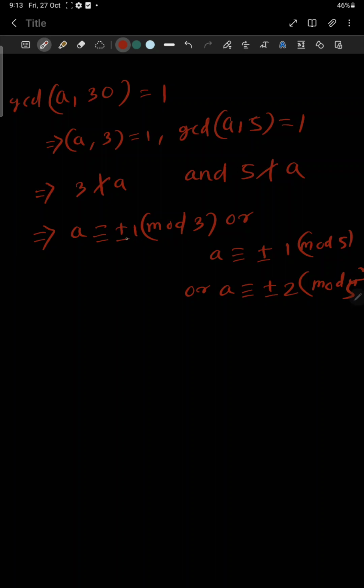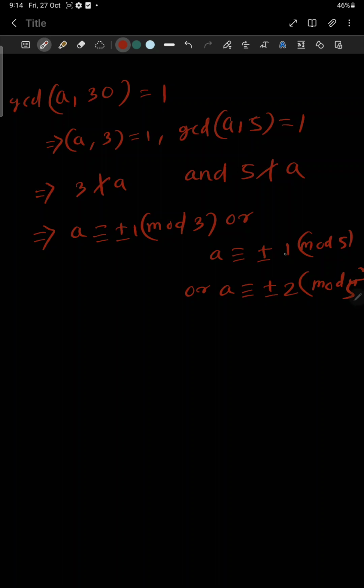For mod 3, 2 can be written as minus 1. But when 5 does not divide a, the possible remainders are 1, 2, 3, 4, because 0 cannot be the remainder: if 0 were the remainder, then 5 would divide a. So there are 4 possible remainders.